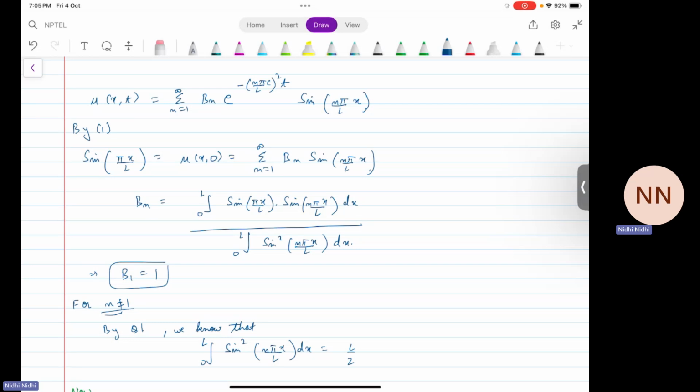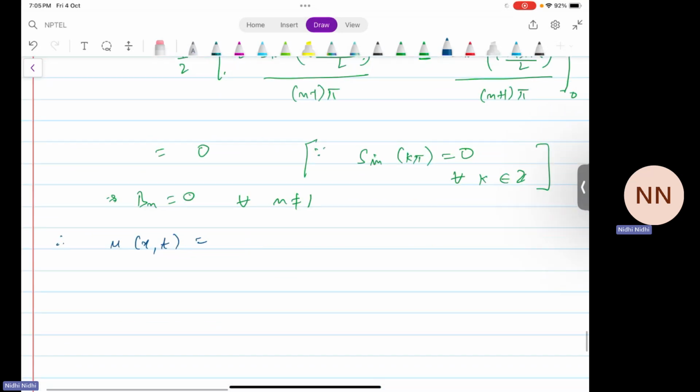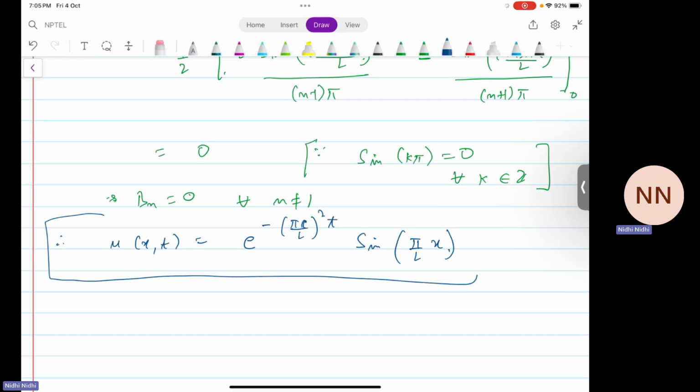Since bn is 0 for every n not equal to 1, we are left with just b1 times all those things, and b1 is 1. So this is just e to the power minus (pi c by l) square t sine pi by l x. So this is the explicit form of our solution.